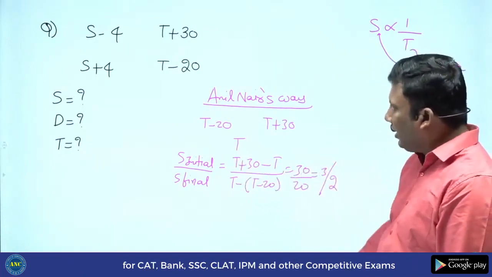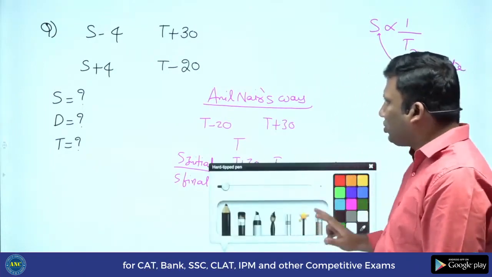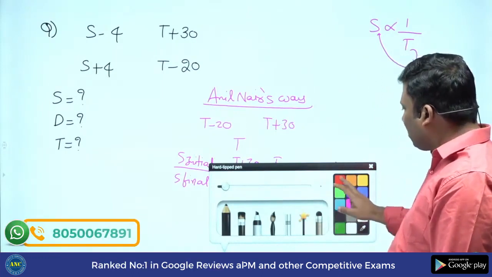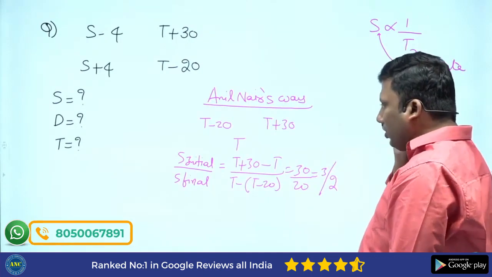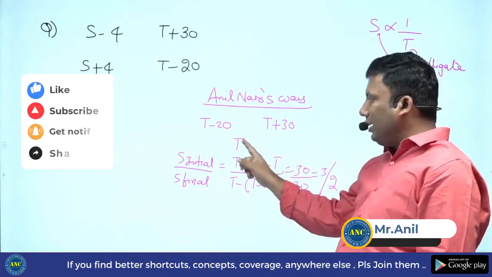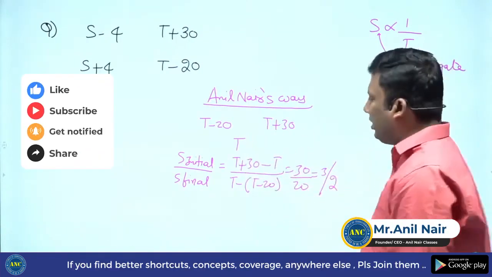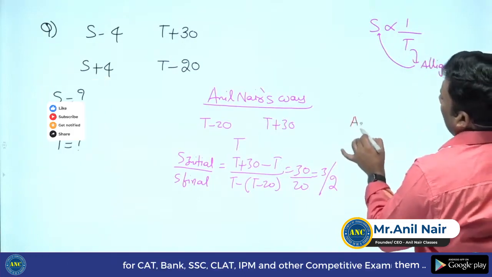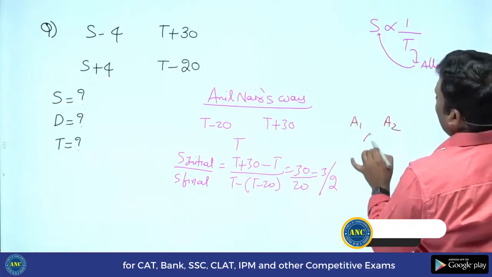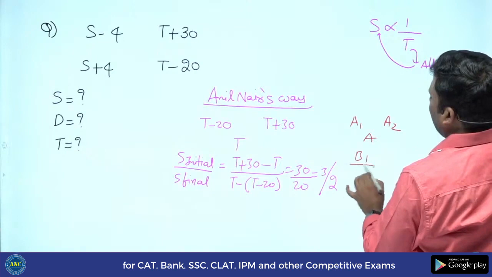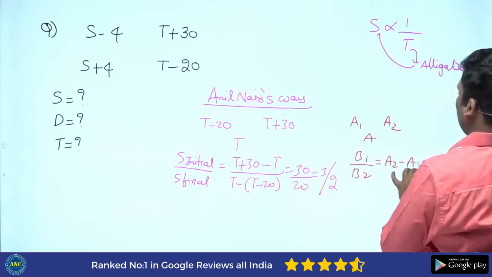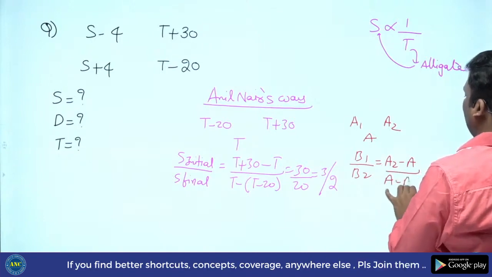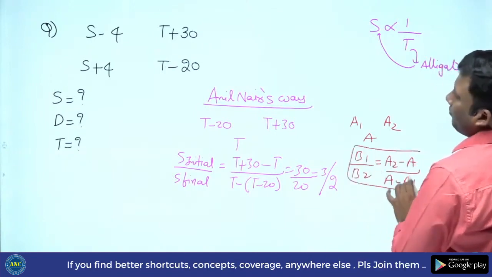I hope the idea is clear. So the speed ratio is 3 is to 2, and the time period ratio will be 2 is to 3. Based on A1, A2 and A, B1 by B2 equals A2 minus A divided by A minus A1.